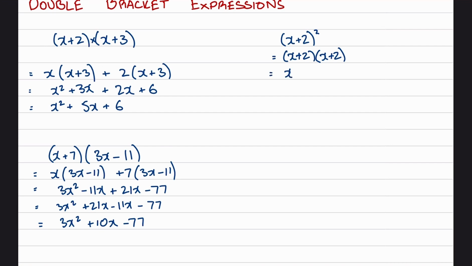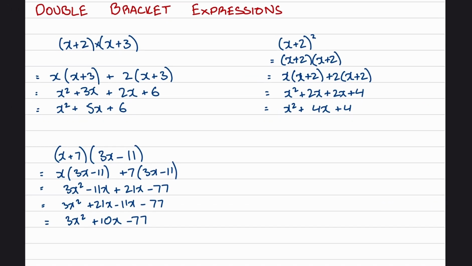So this opens up into x (x plus 2) plus 2 into (x plus 2). So this becomes x squared plus 2x plus 2x plus 4, x squared plus 4x plus 4. And this is as far as you can expand this.